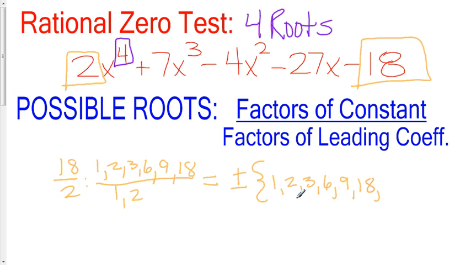Then you can put all of those over 2. So then you would also add 1 half. 2 halves is 1, so we don't have to write it again. 3 halves, 6 halves is 3, so 9 halves. And 18 halves is 9.